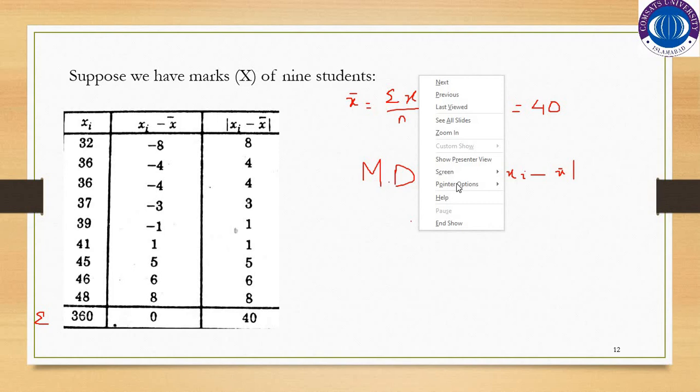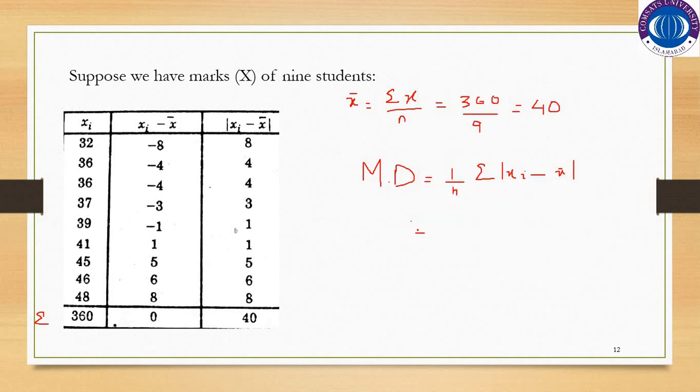So what you should know is n, which is 9, the number of observations, and summation of the mod of xi minus x bar, which can be calculated from this column, and the sum of this column is 40.